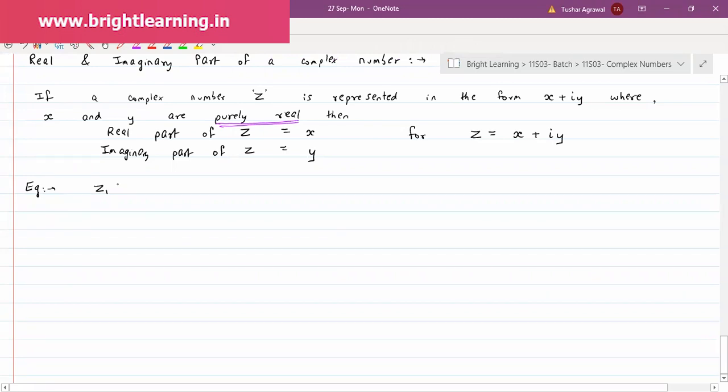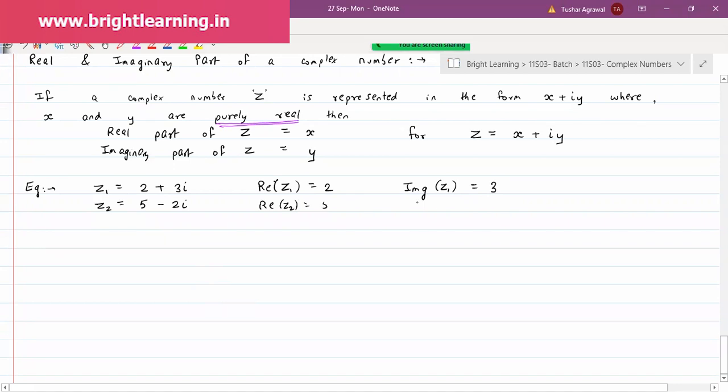According to this definition, if Z1 is equal to 2 plus 3 times I, then the real part of Z1 is 2 and the imaginary part of Z1 is 3, not 3I. Z2 is equal to 5 minus 2I, so the real part of Z2 is 5 and the imaginary part of Z2 is minus 2.